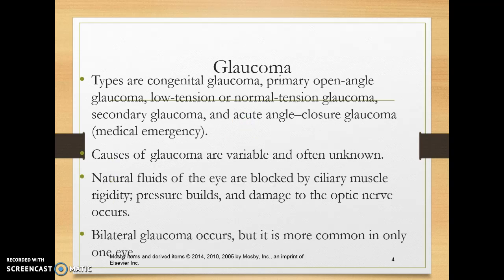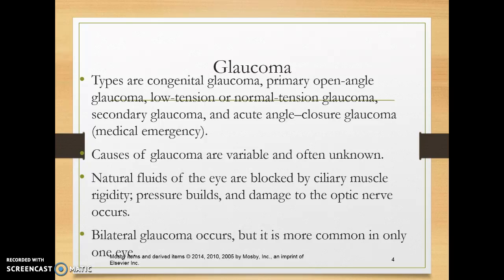So glaucoma. There are different types of glaucoma. So there's congenital glaucoma, primary open angle glaucoma, low tension or normal tension glaucoma, secondary and acute angle closure glaucoma, which that last one is a medical emergency. Often the causes are unknown, and different things can cause it.